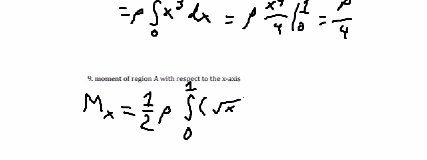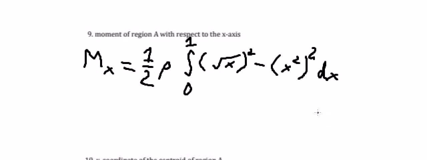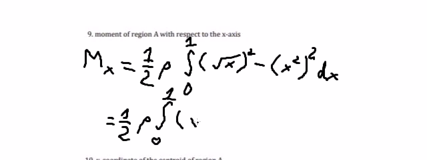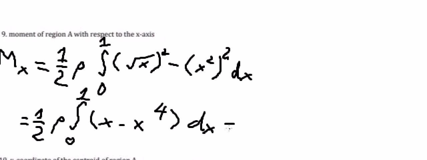So we get the square root of s to the power of 2 minus s squared to the power of 2 ds. And now we get the final answer: s minus s to the power of 4 ds. So we get the final answer.